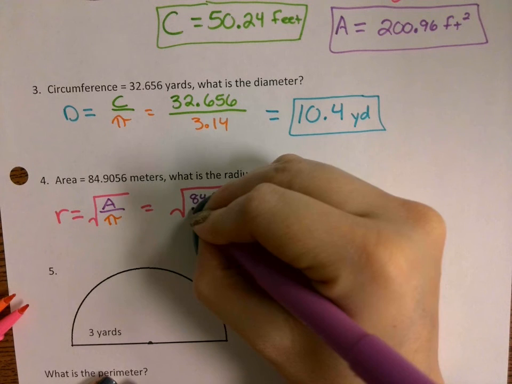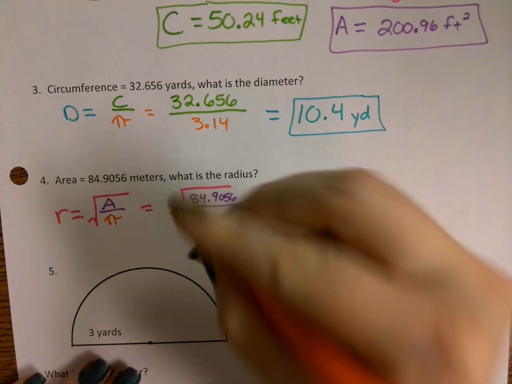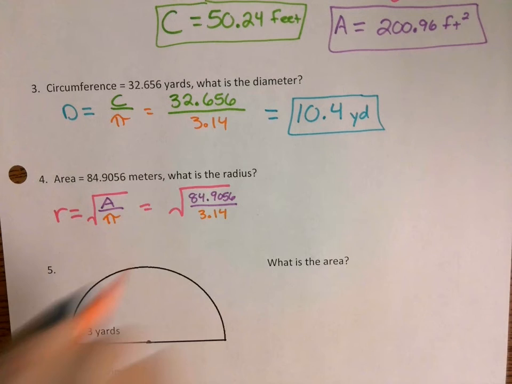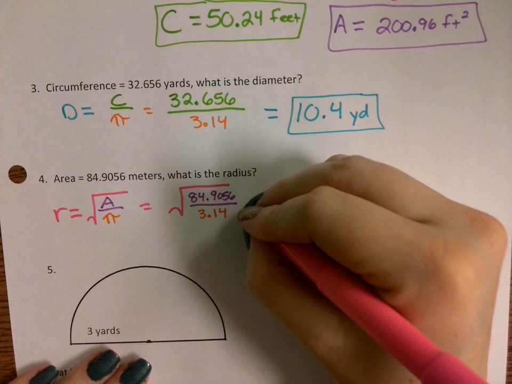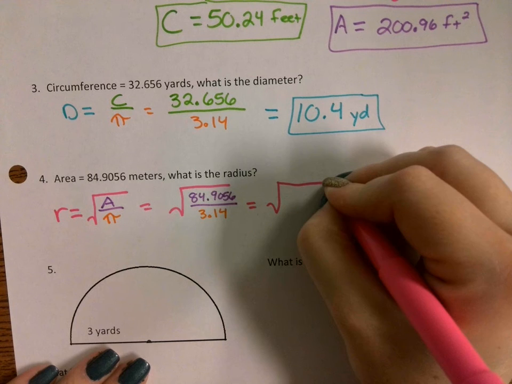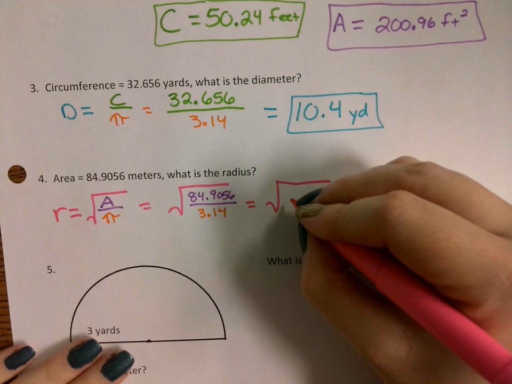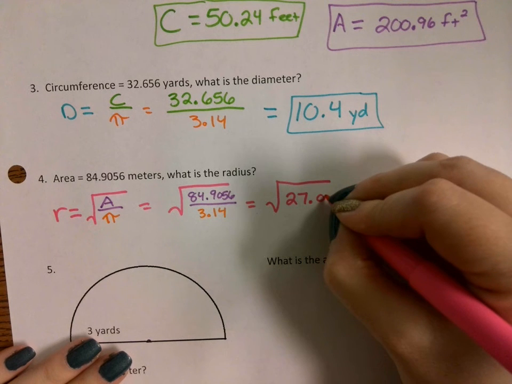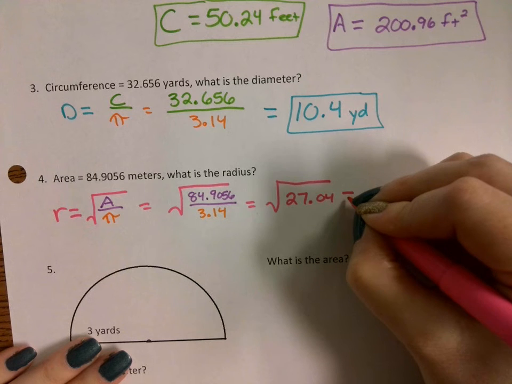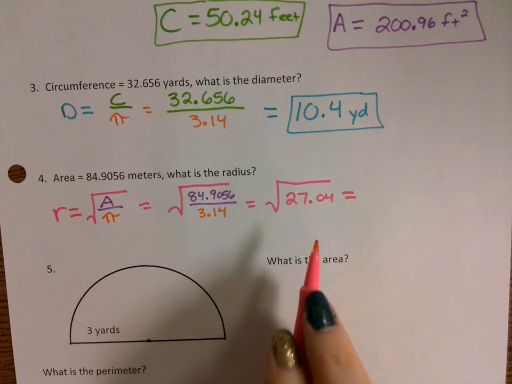So we have to divide first. If we do 84.9056 and we divide it by 3.14, that's going to come out to 27.04. And then when we take the square root of 27.04, we're going to get what?